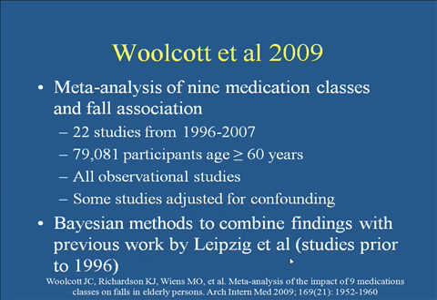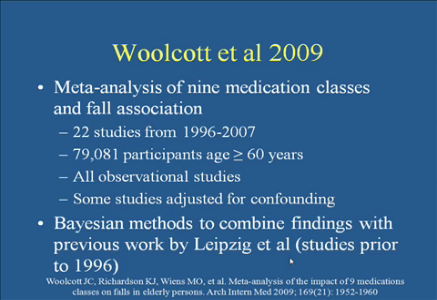So fortunately, Woolcott et al. looked at the meta-analysis of Leipzig et al. and decided to update those. They looked at studies that have occurred since '96, and they basically found 22 studies that looked at classes of drugs and falls. And they had a study period of '96 through 2007. So this includes a lot more of the drugs we're using today, a lot more of the doses we're using today.